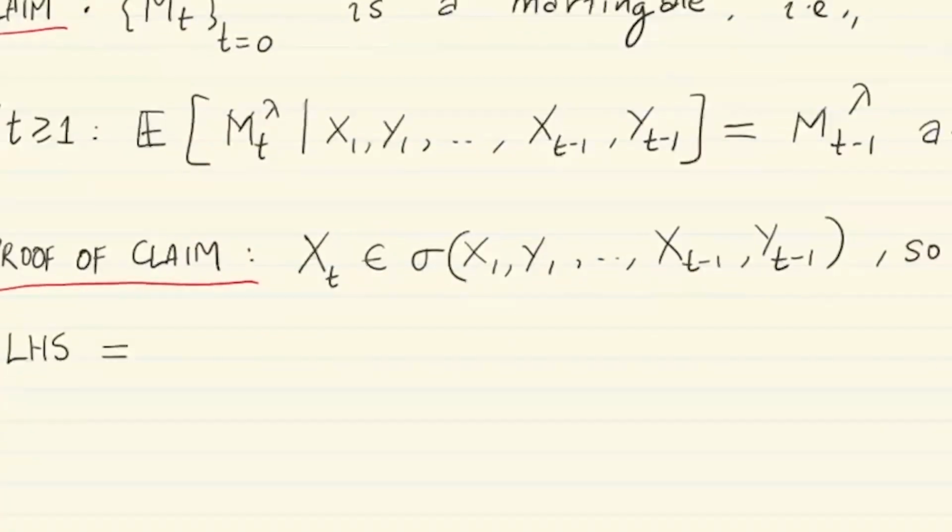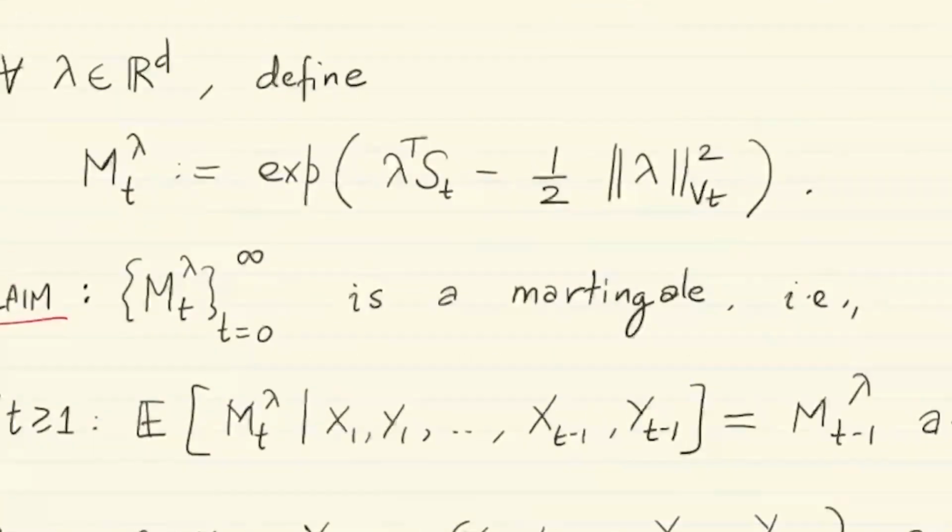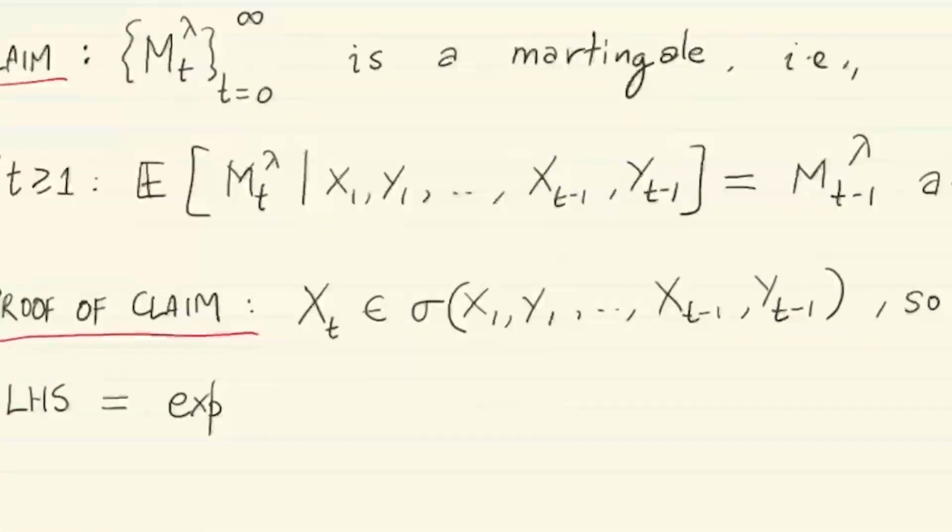In the left hand side you can bring out the term corresponding to x_t, that's e raised to minus half lambda transpose x_t the whole square.